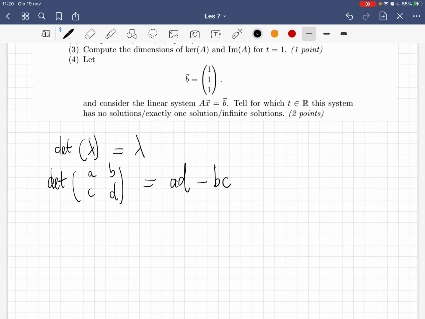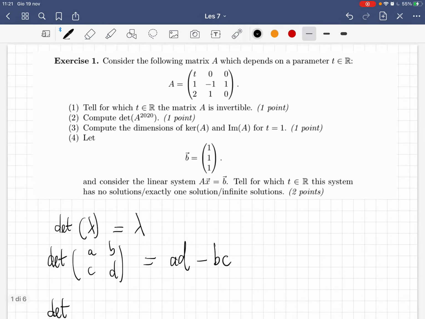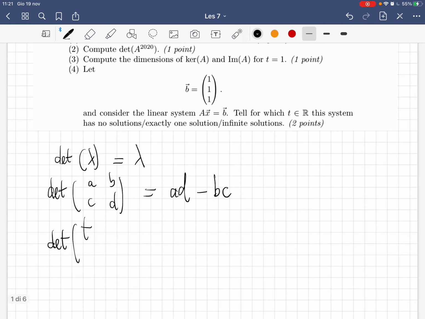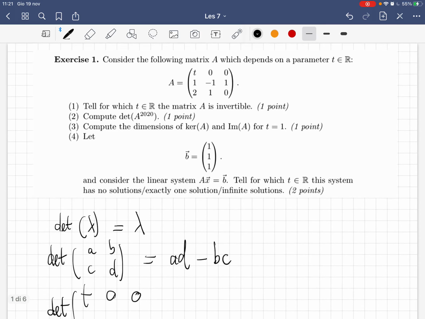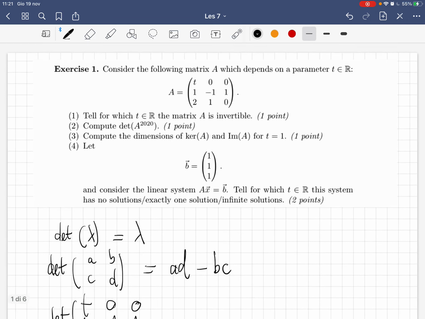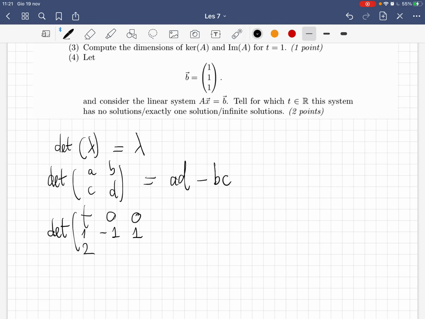And more in general, if you have a matrix like this one, with rows t, minus 1, 1, and 2, 1, 0, what you should use here is the Laplace formula. This is very useful.